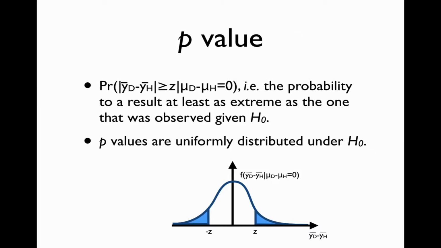A great thing with p-values is that they are uniformly distributed under the null hypothesis. That is, it's just as likely that this probability is 1 as it is 0, given that there is no difference under the null hypothesis.